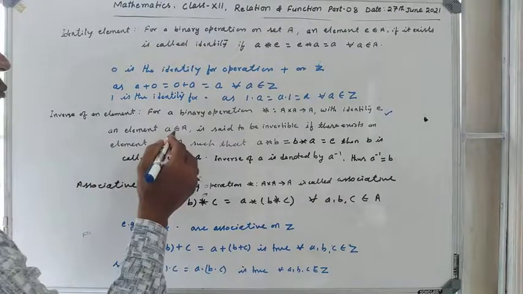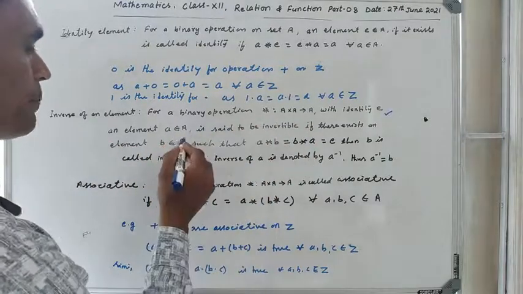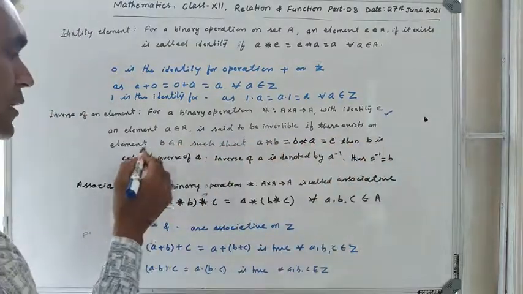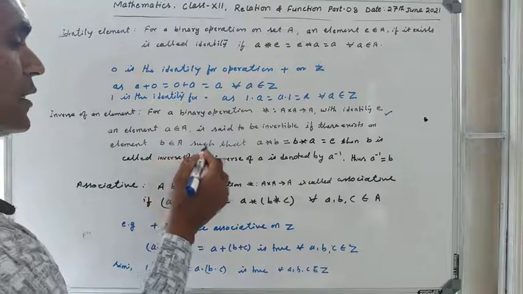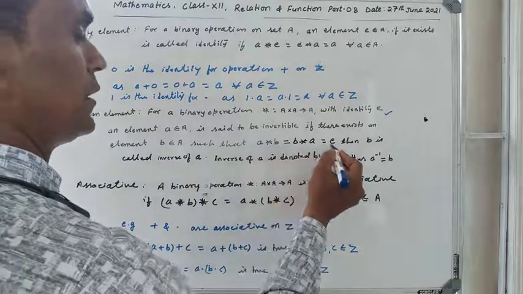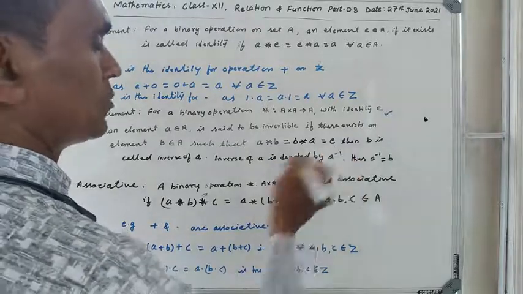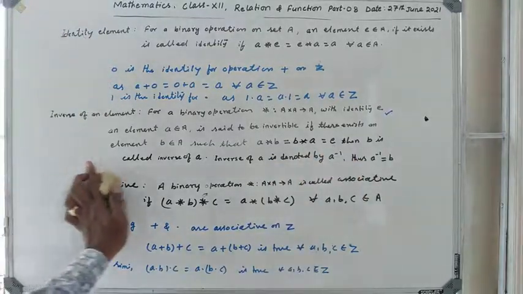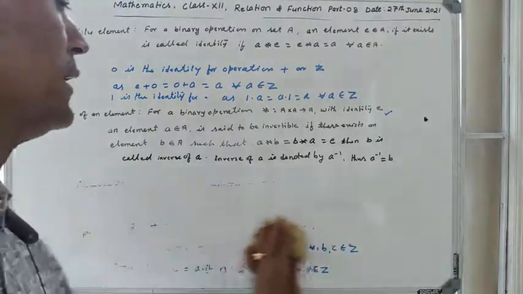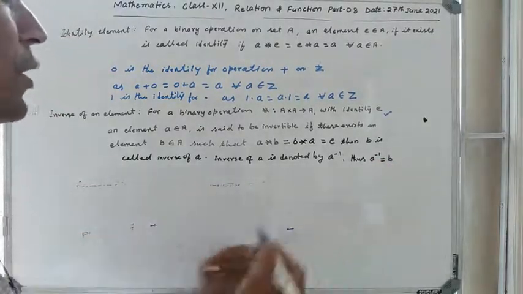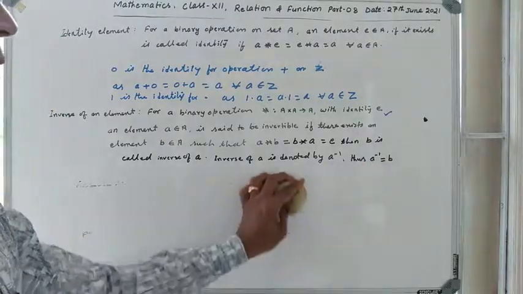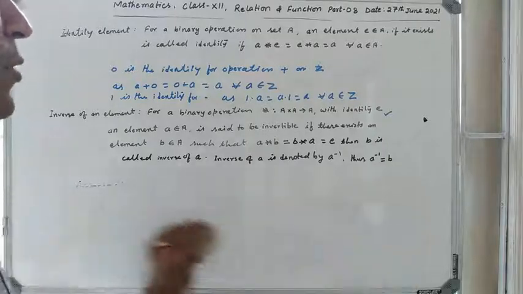An element a belongs to the same set A is said to be invertible if there exists another element b in the same set such that ab equals ba equals e, that is, equal to the identity element. And inverse of any element a is denoted by a inverse. So here b is the inverse of a, so we write a inverse equal to b.